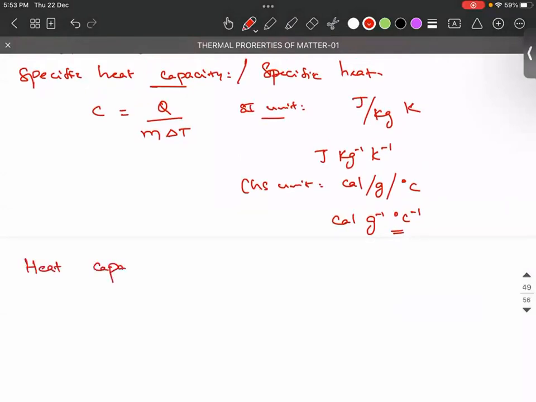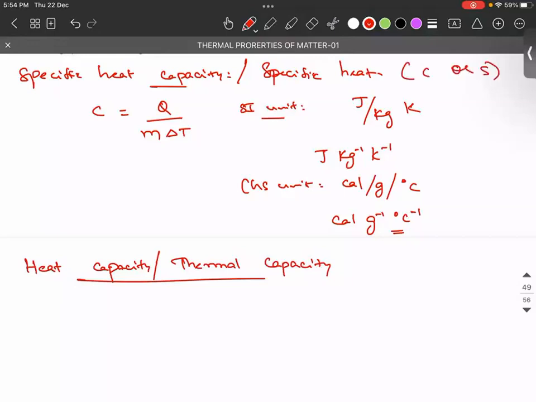Those who are online, are you able to understand? So heat capacity is also known as thermal capacity. One thing I wanted to tell here is specific heat capacity or specific heat is either represented by a symbol C or some books represent it by S also. I think you would have learned this in your chemistry also, in thermodynamics.